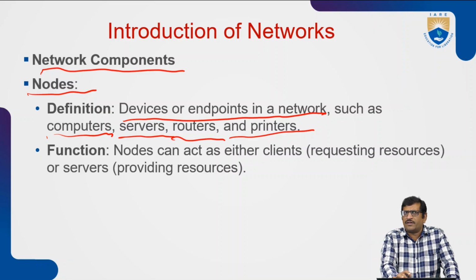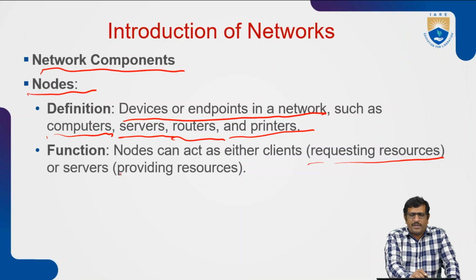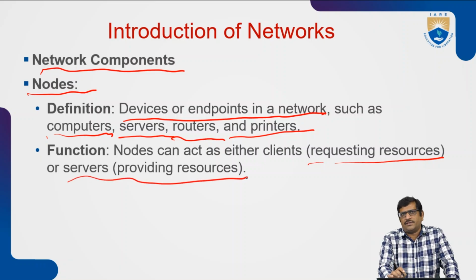As for the function, a node can act as either a client or a server. A client is requesting resources, and a server is providing the resources, providing the service. These nodes will act as a client or as a server.